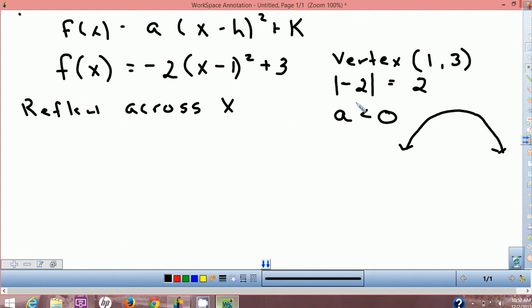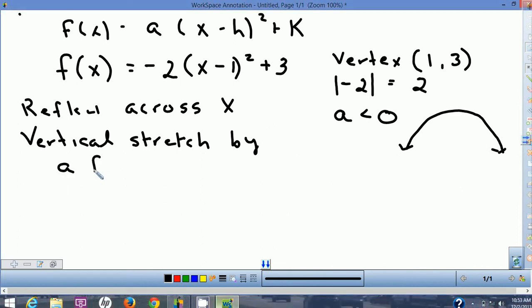We also know, since the absolute value of a is equal to 2, that we have a vertical stretch by a factor of the absolute value of a, so by a factor of 2.